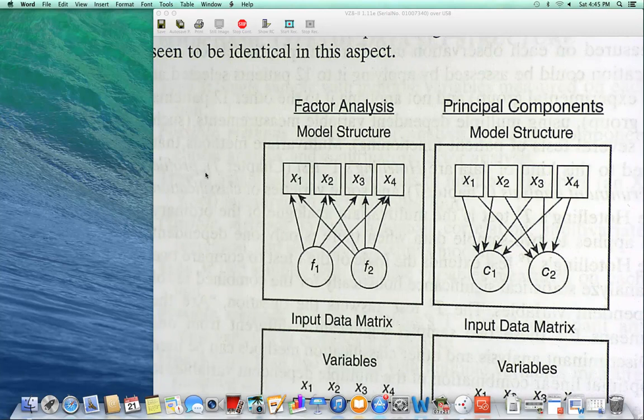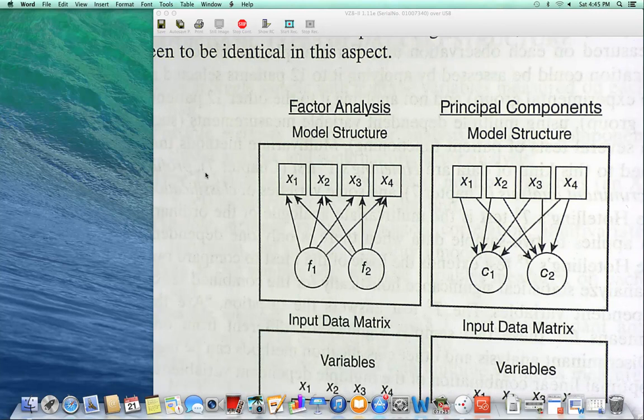So graphically, they're a little different. Factor analysis, you can tell, will use common factors, searching for something common among those observed variables to find underlying latent variables. So that's an overview of the different kinds of factor analysis models that are described in your text.